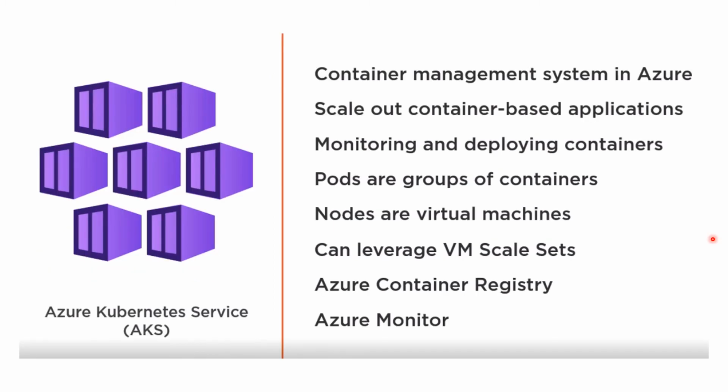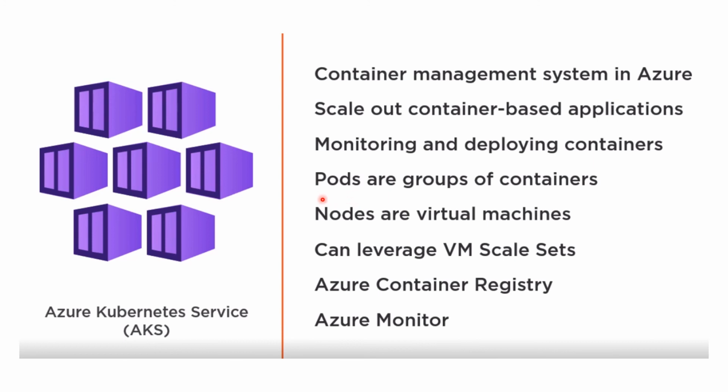Now let's briefly touch on the Kubernetes services and the benefits of it. The container management system in Azure is done by AKS. A scale out option is there on the basis of container based applications. Then you can monitor and deploy containers. In AKS, pods is a term.